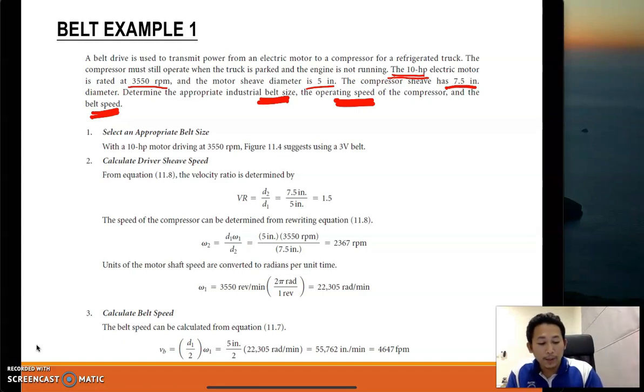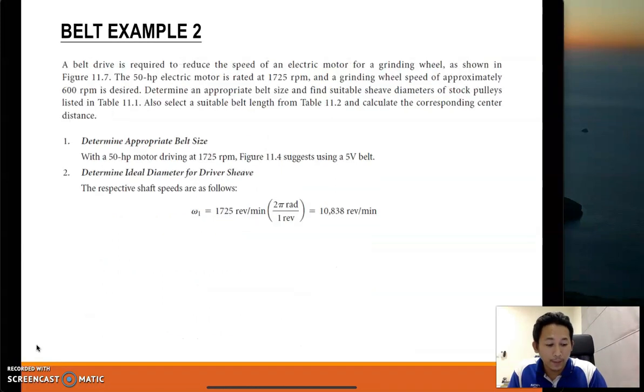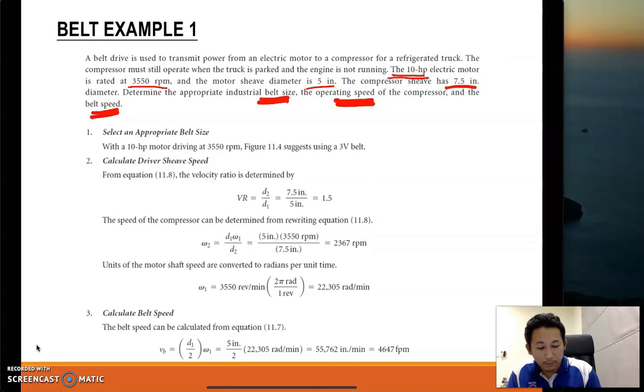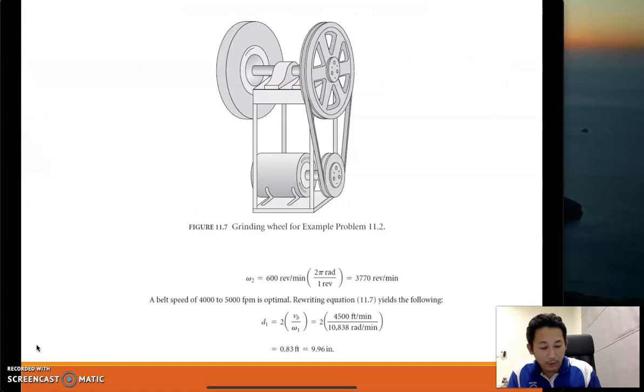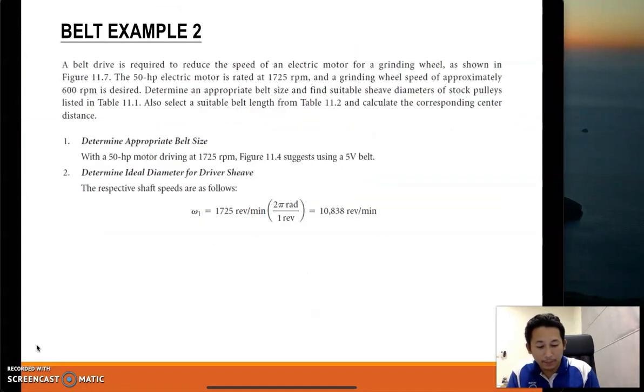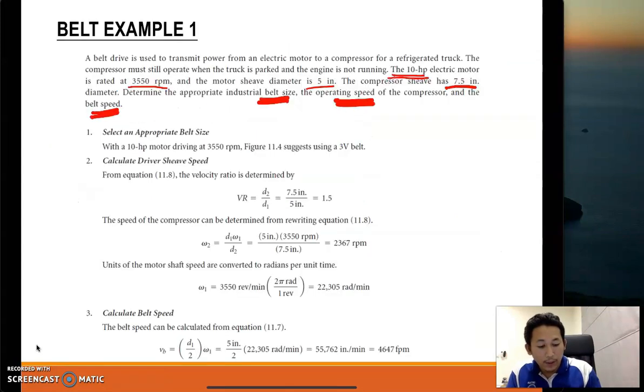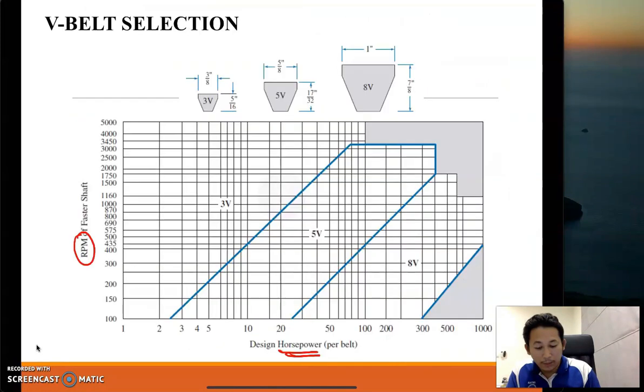So for the belt size, we use the graph. For the 10 HP, 3550 RPM, from the graph, we use 3V type belts.